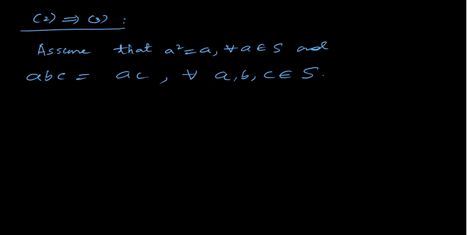We prove third, that means there exists a left zero semigroup L and a right zero semigroup R such that S is isomorphic to L cross R. So we define L and R.